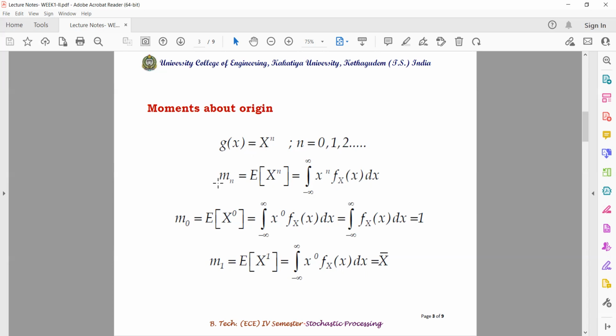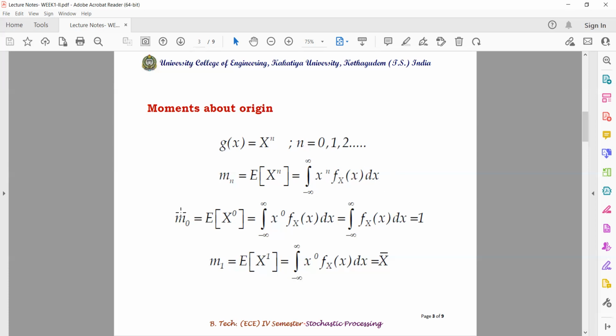The notation m suffix n represents the moments about the origin. The suffix n indicates the order of the moment, which is equal to the integral from minus infinity to plus infinity; in the brackets it is x to the power n, so small x to the power n f_X(x) dx.